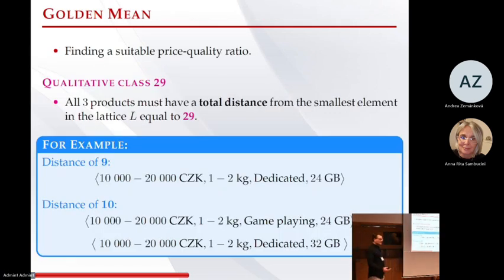That means you want to choose 3 laptops with a total distance of 29. For example, these 2 laptops have distances 9 and 10, and this laptop has distance 9, so the total is 29. This means this trio of laptops belongs to our qualitative class 29.